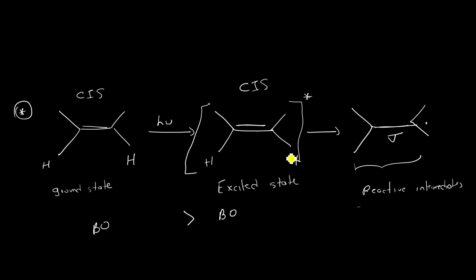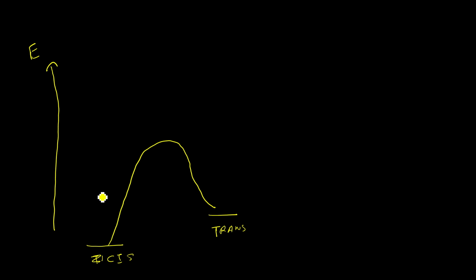This excited state, you need to remember, every time when you excite a particular molecule, it has higher energy. It is much more unstable compared to the ground state. So when we represent the excited form of the molecule, it has higher energy compared to the ground state. This is the excited cis conformation. This is the excited molecule.